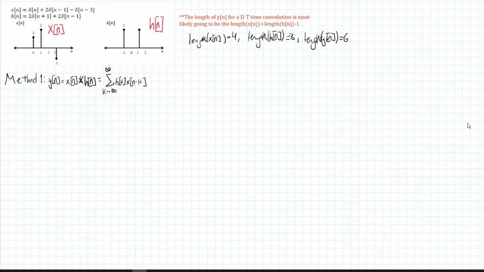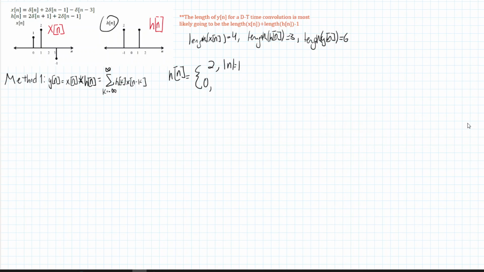All right, so right here, we're going to start on this convolution going over all of infinity. A lot of these formulas that we're going to have in this class talk about going over all of time, so from negative infinity to positive infinity. It seems kind of scary, but looking at our graph of h of n right here, we can see that h of n is only non-zero when the magnitude of n is equal to 1.